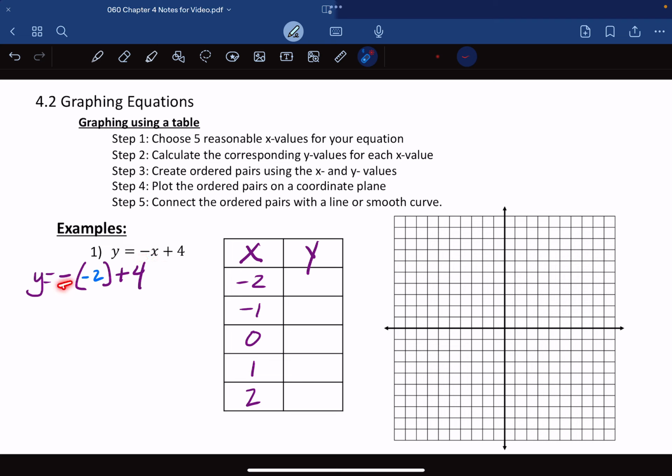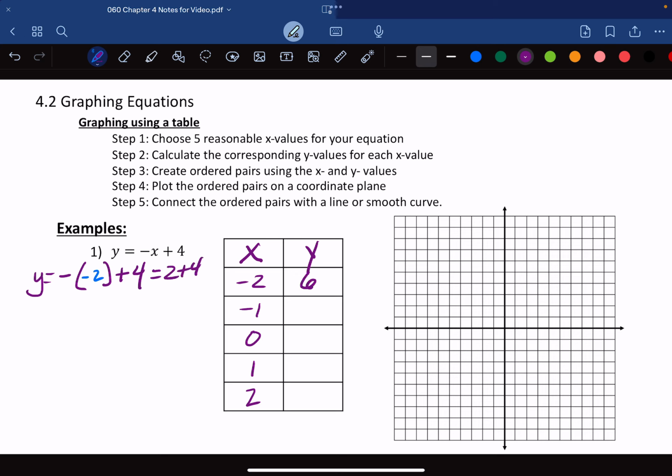So I have my negative from the equation, and then I have my negative from the 2. So I have two negatives here, which actually gives me 2 plus 4, which is 6. And that gives me an ordered pair. I'm going to do that for all of my X values.